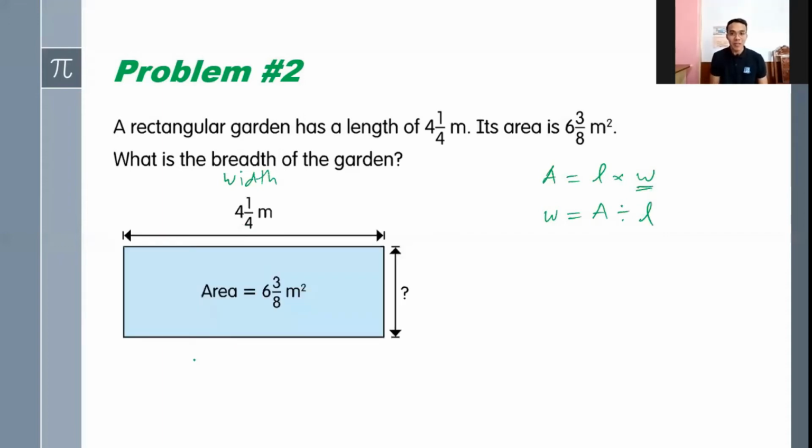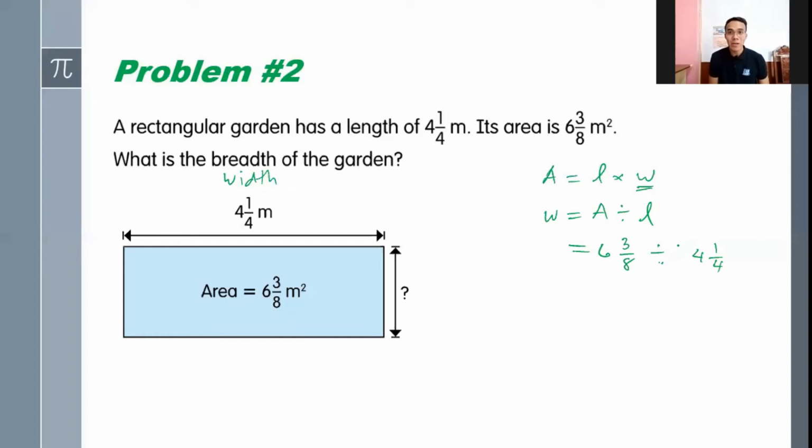In the problem, the area is given, it's 6 3/8 meters squared. The length is also given, it's 4 1/4 meters. We're looking for the width or the breadth. So let's just replace A here with 6 3/8, and then replace the length with 4 1/4.